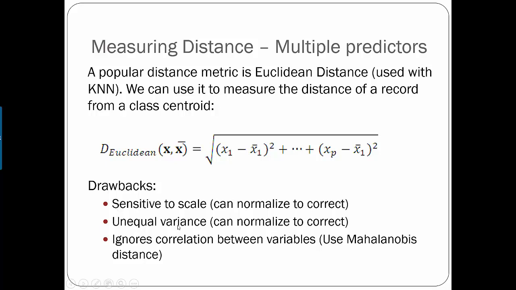And again, unequal variance also is a problem, and we'll talk more about that. But this measure of distance ignores any correlations that may exist between the predictor variables, and that is handled by what is called Mahalanobis distance.